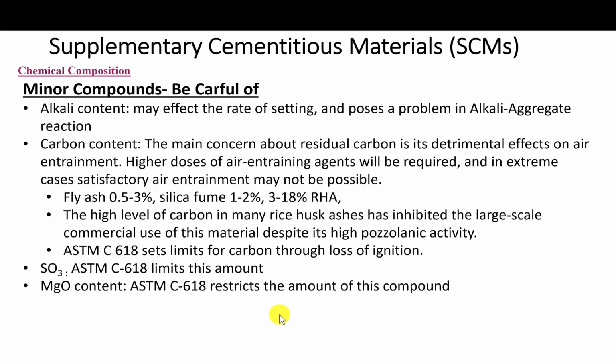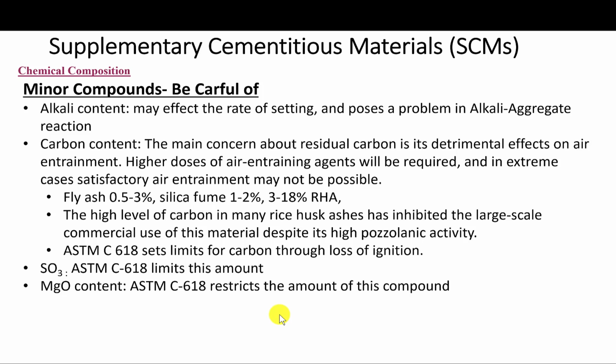Or maybe 3 to 18% for the rice husk ash. This high carbon content in some fly ashes can be reduced to a low level using electrostatic separators to make them more suitable for use in concrete. Of course, if it has this high level of carbon, we cannot use it.